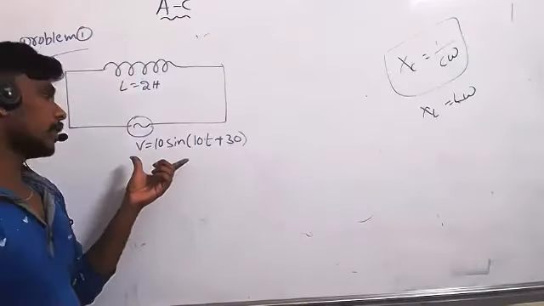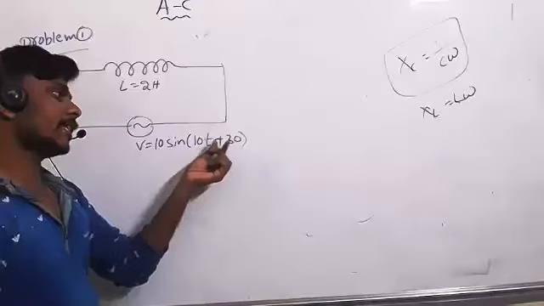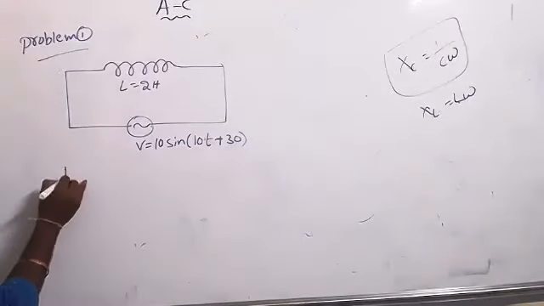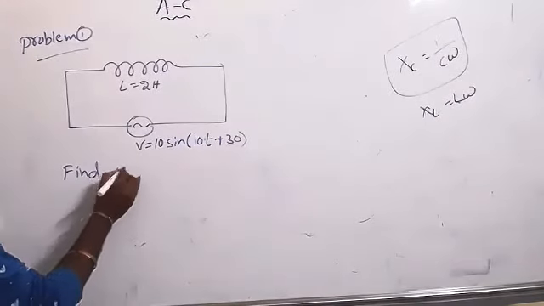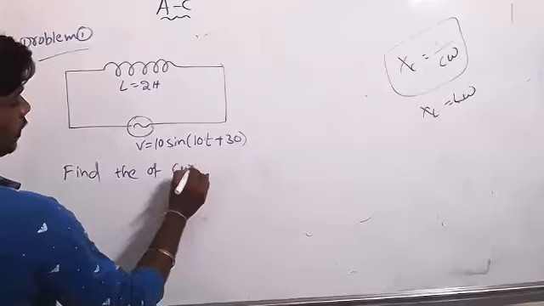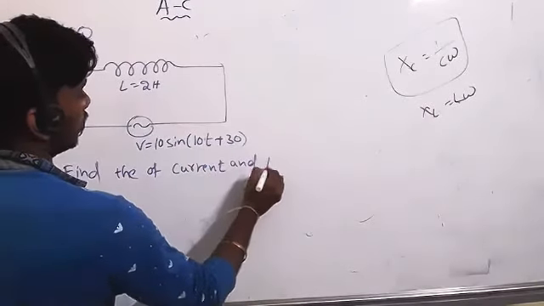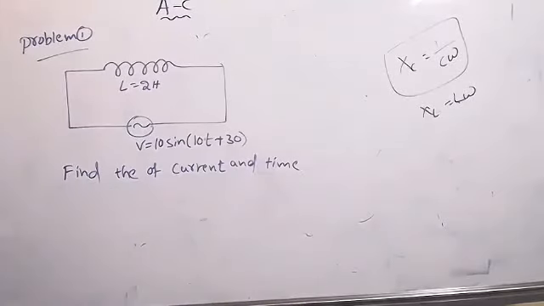What is the input voltage you have given? 10 sine 10t plus 30. This is what you have given as input. Okay. What is the question? See, find the equation of current and time.